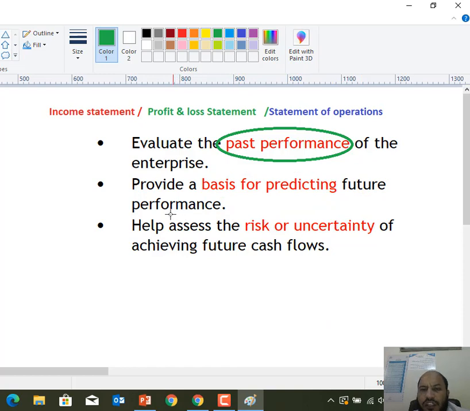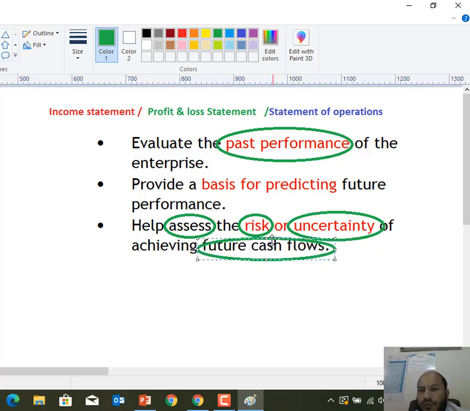Through the income statement we can understand the level of risk and the level of uncertainty of a business's future cash flows. So this is a very good tool, and the income statement will help us.